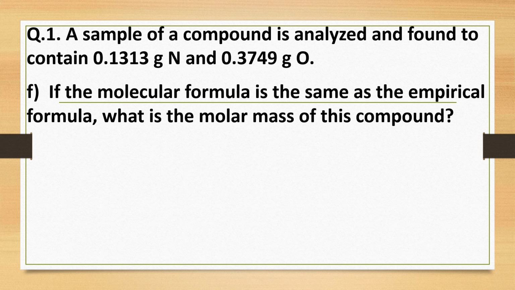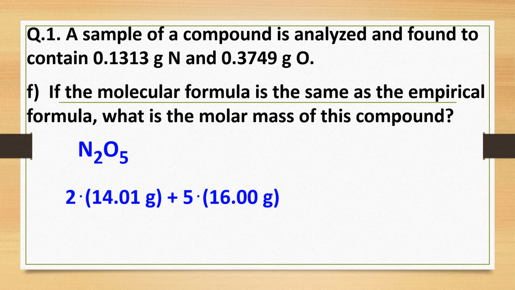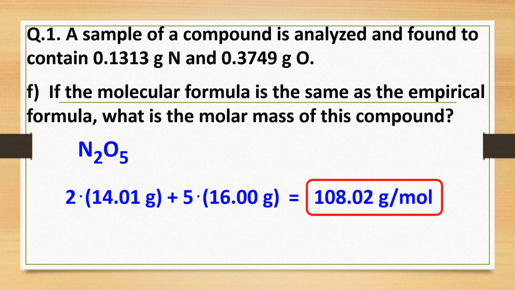We had already determined our compound is N2O5. With that, we simply multiply the subscripts by the atomic weight of each element. So for N2O5, we have 2 nitrogens plus 5 oxygens: 2 multiplied by 14.01 plus 5 times 16, and then you get 108.02 grams per mole. In this case, the molecular weight is equal to our empirical weight.